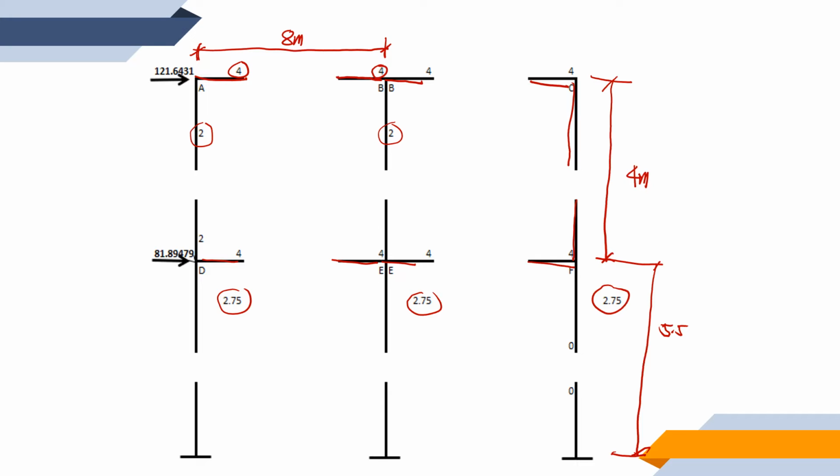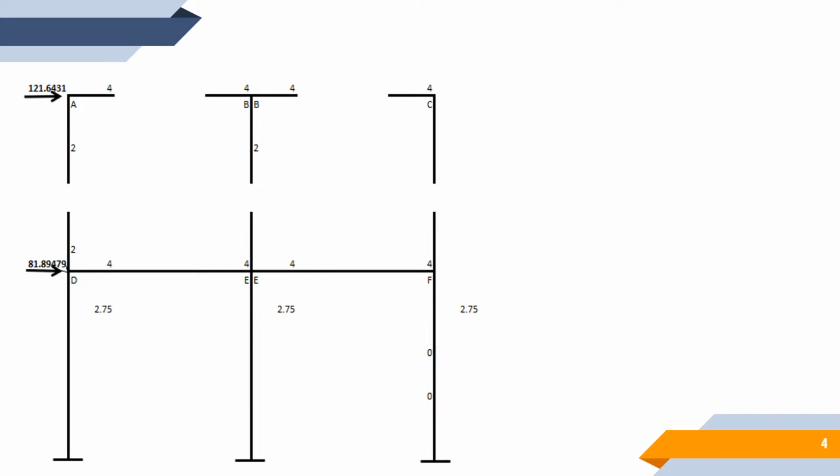But before that, let us first discuss the assumptions for the portal method. The portal method is based on the assumption that for each story frame, the interior columns will take twice as much shear force as the exterior columns.